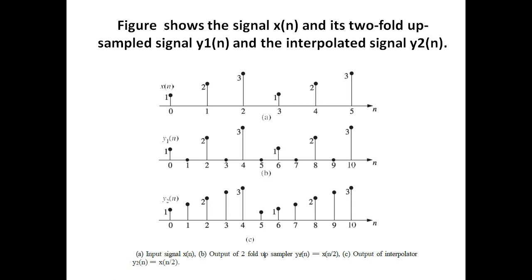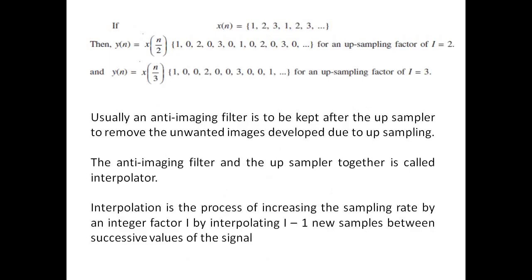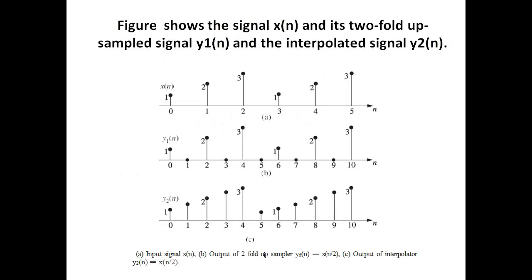You can see the sequence 1, then a 0, then a 2. Similarly in the diagram, the remaining samples are made with the discrete sample value 0. You could also infer that from y2 of n: every third sample of the signal is written, whereas all the other samples are zero.